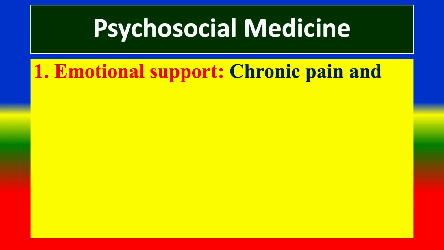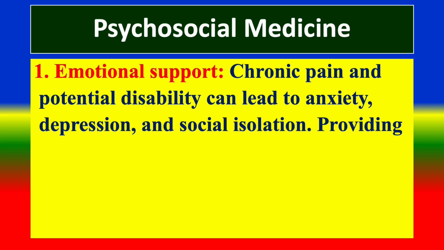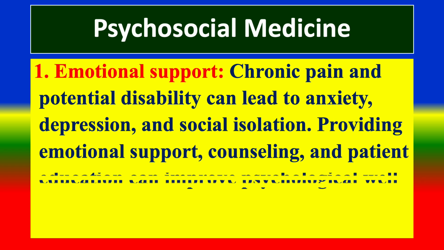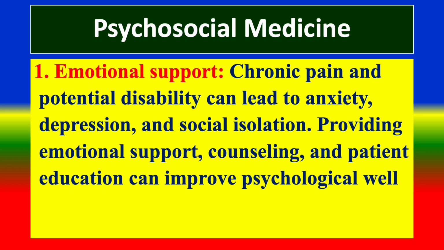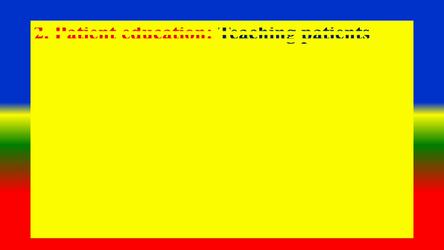Psychosocial management. 1. Emotional support. Chronic pain and potential disability can lead to anxiety, depression and social isolation. Providing emotional support, counseling and patient education can improve psychological well-being. 2. Patient education.